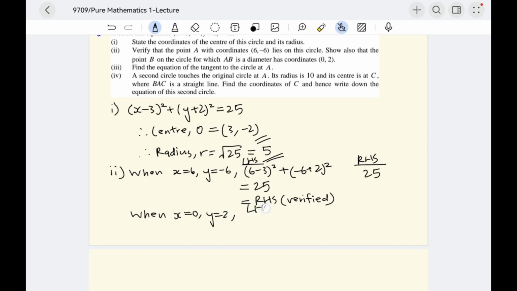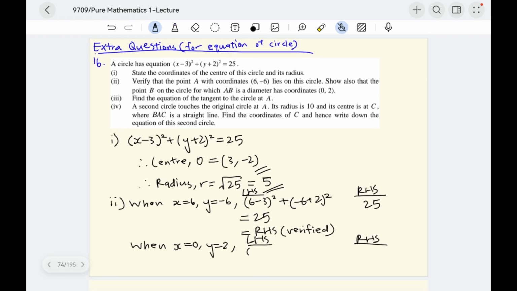You can carry out the same way as the above one. So you have 0 minus 3 square plus 2 plus 2 square, and the right hand side is 25. 9 plus 16 is also 25.